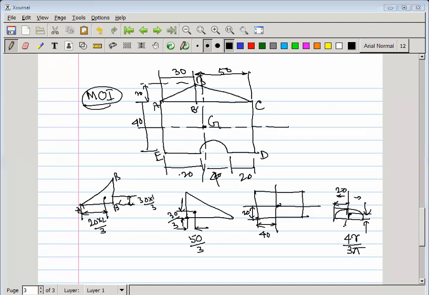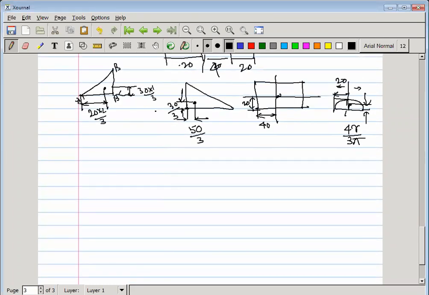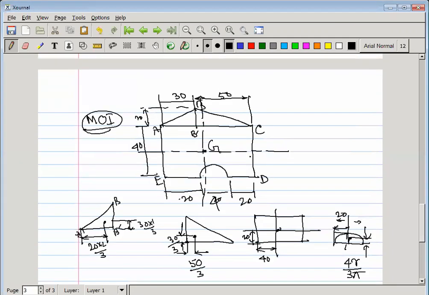Now the important part which is required: this is the individual centroid, right? Now come to the composite centroid. Composite centroid means all these bodies need to be added in this system. You can see here that this is body 1, this is body 2, this is body 3, and this is body 4, which needs to be subtracted from body 3, na?